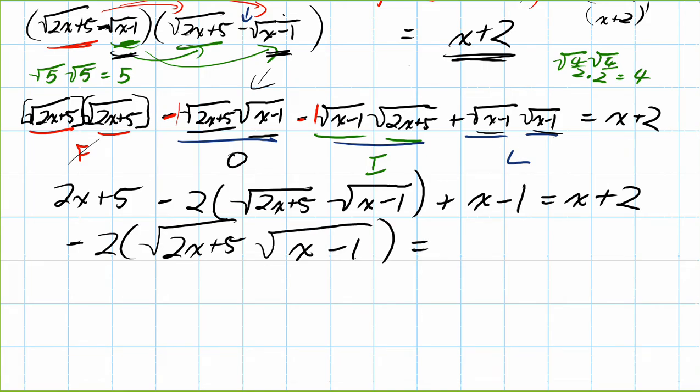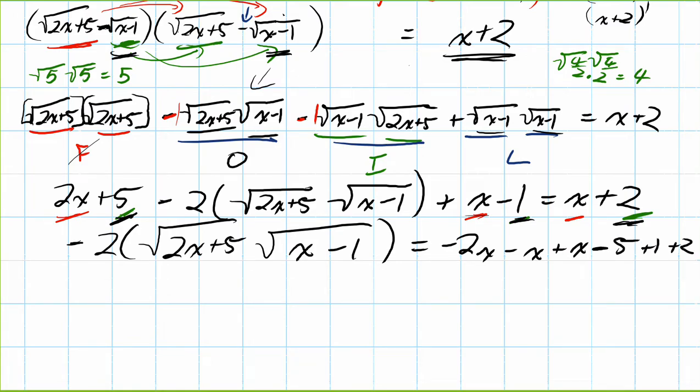And then we're going to just bring everything else to the other side of the equation because we have variables here and we have constant terms. And we're going to put them all together. So this 2x will become -2x over here. This x becomes -x, and this becomes plus x. And then 5, -1, and 2, that becomes -5, +1, and +2.